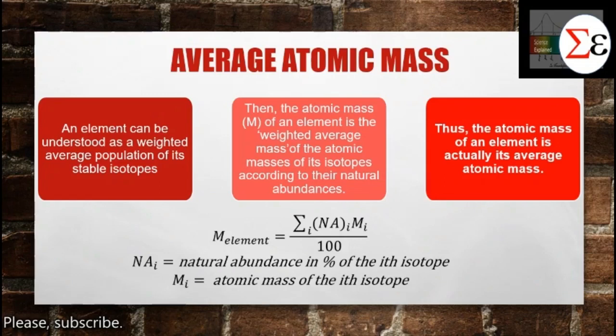Then we can see that the atomic mass of an element is actually its average atomic mass. Here we have the equation of the atomic mass of an element. It is the sum of the product of the natural abundance in percent of each isotope and the atomic mass of each isotope, divided by 100.